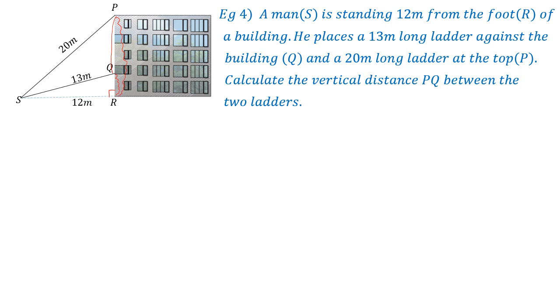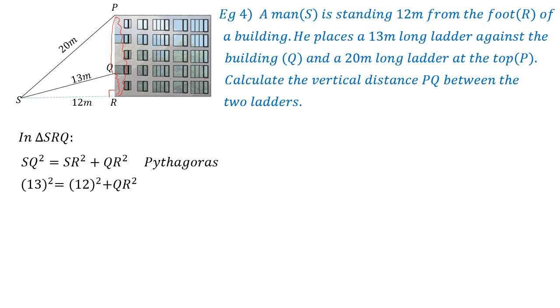So let's start. In triangle SRQ, that's the little triangle. It's a right angle triangle, so we will use the theorem of Pythagoras. Hypotenuse squared equals one side squared plus the other one. In other words, SQ squared equals SR squared plus QR squared, Pythagoras. Now we can substitute.